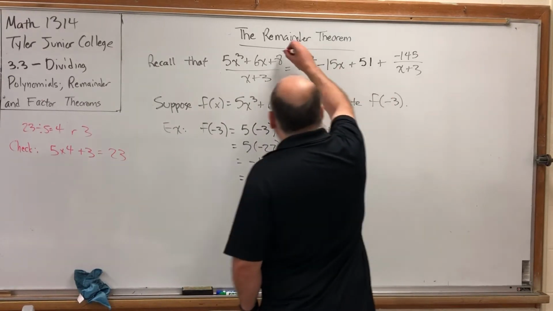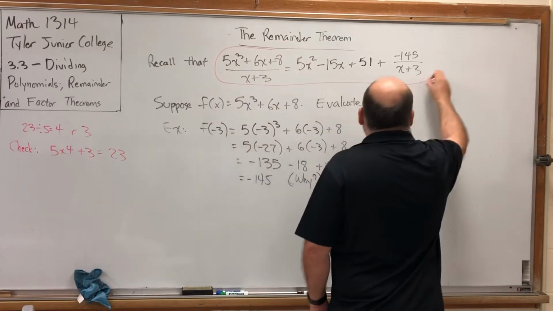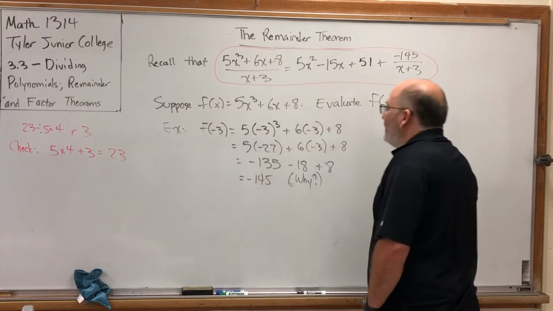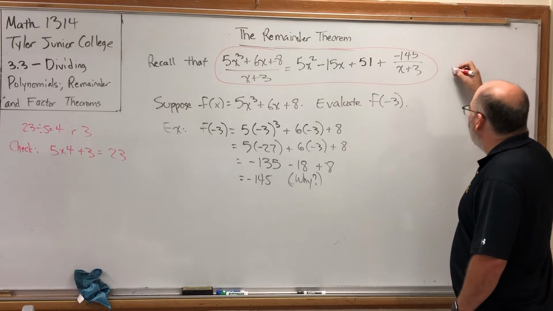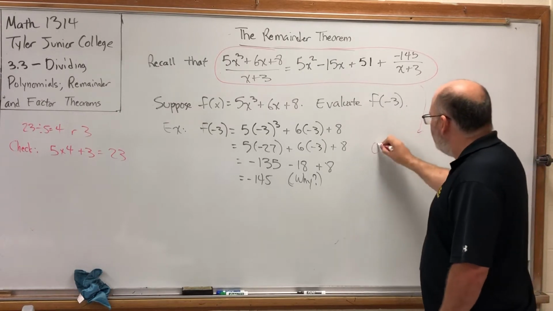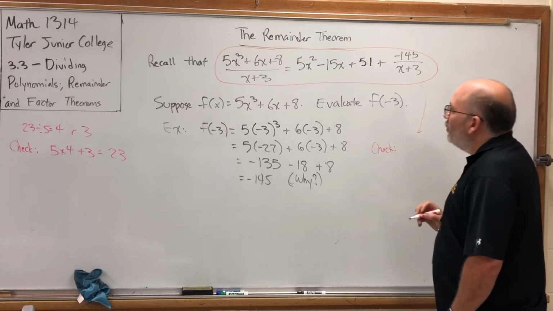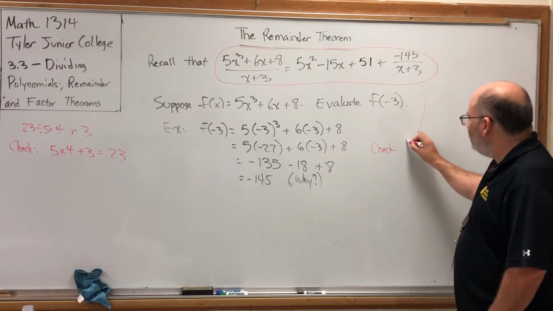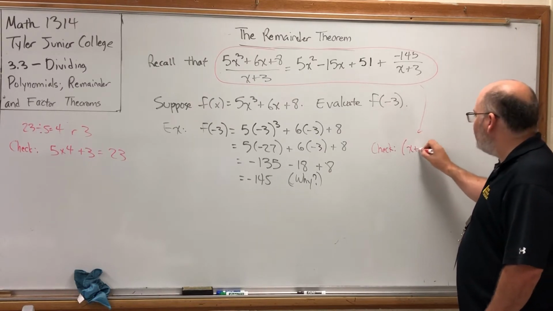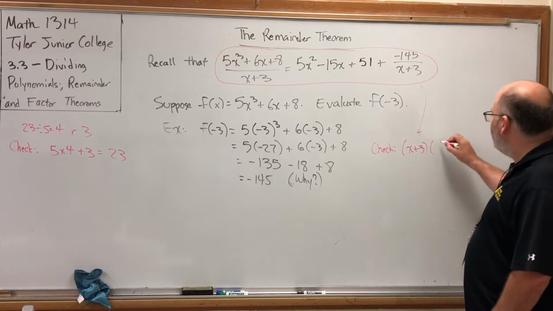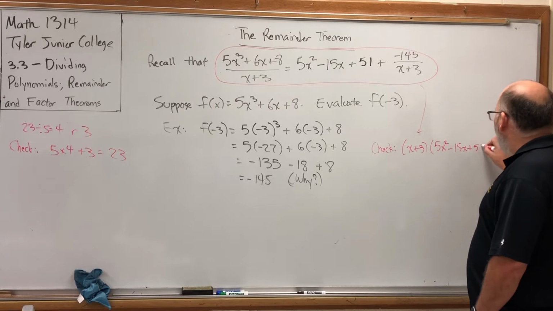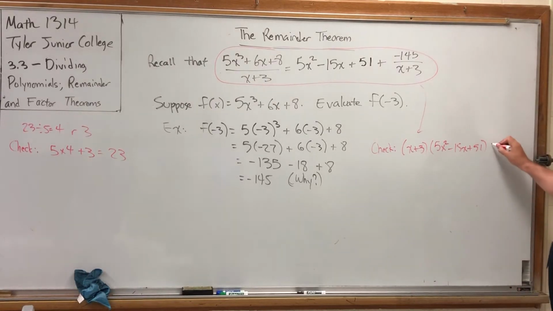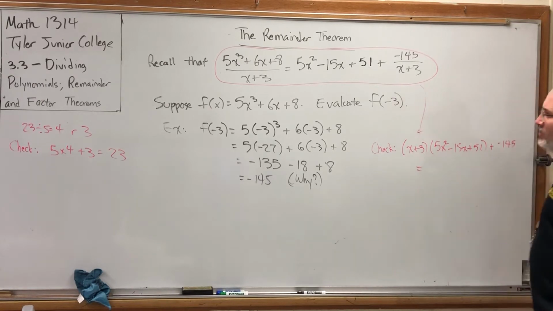So how would we check this division problem? If we claim that this divided by this is this quotient and this remainder, then if we wanted to check it, we would say that the divisor, which was x plus 3, times the quotient, which was 5x squared minus 15x plus 51, plus the remainder, so plus negative 145, is equal to the original dividend.